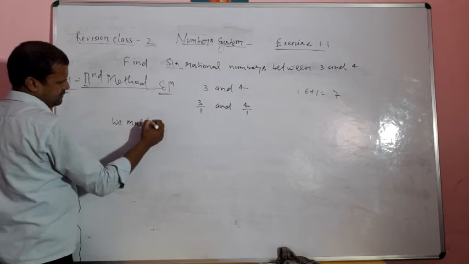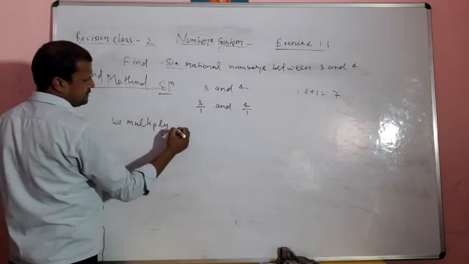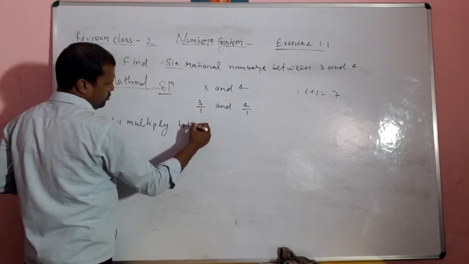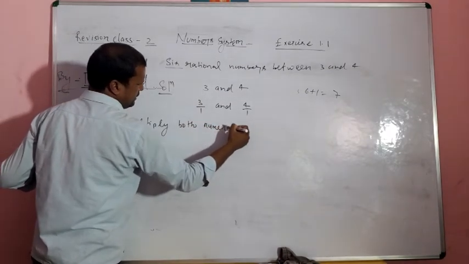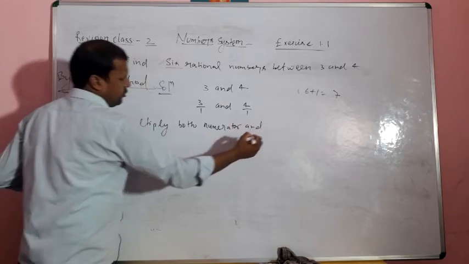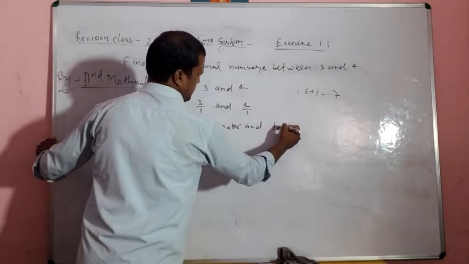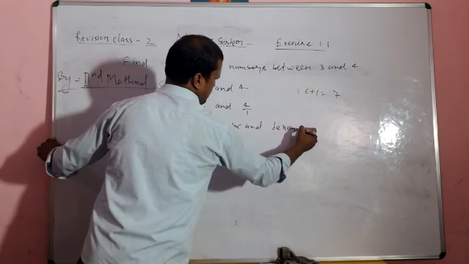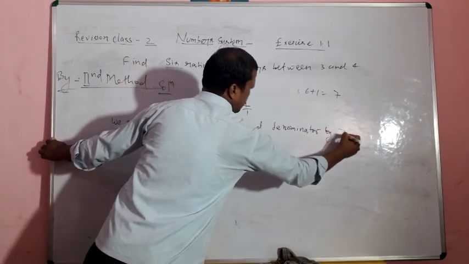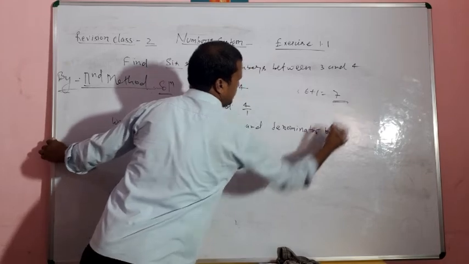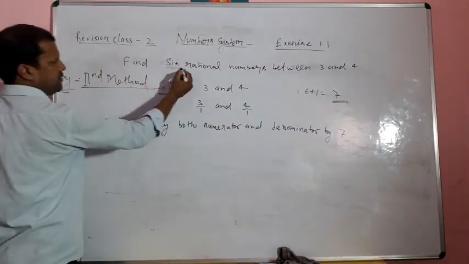Now we multiply both numerator and denominator by 7, because 7 is 6 plus 1.